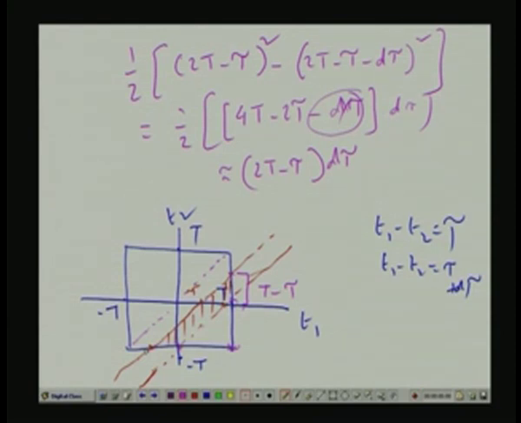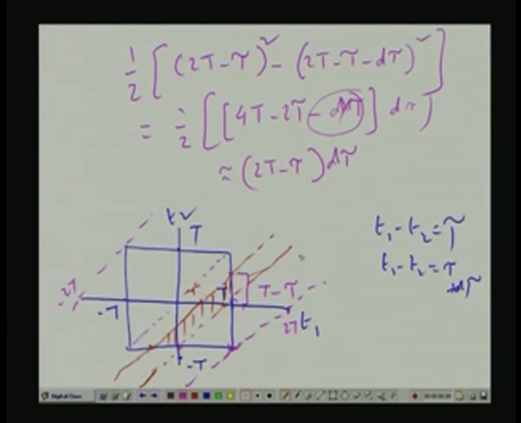If on the other hand your line was passing on this side, here tau was taken to be positive. If your line, and mind you, tau will go up to 2 t, because this is the limiting case of the straight line, and this is 2 t, and from here it will go up to minus 2 t. So, tau will go from 2 t to minus 2 t.